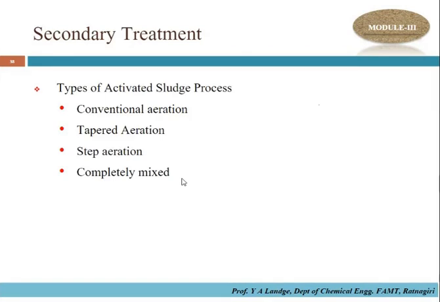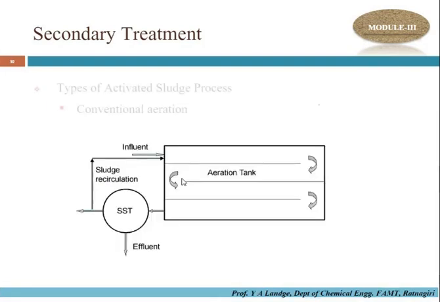These are certain types also used in the activated sludge process. Let's first look at the conventional aeration. Conventional means the old process, the type they got when the ASP was initially designed. So how does it function, and what are the pros and cons of this process?